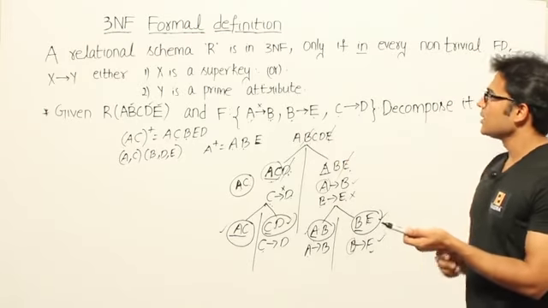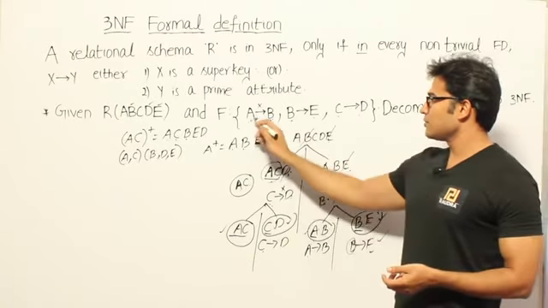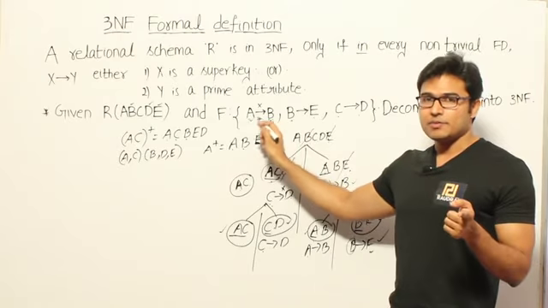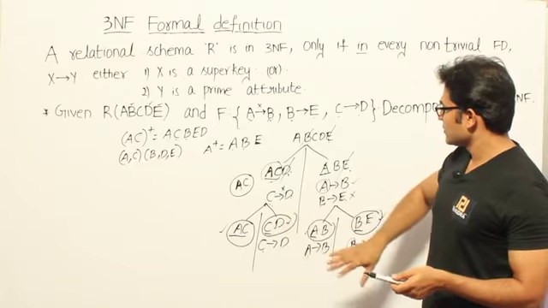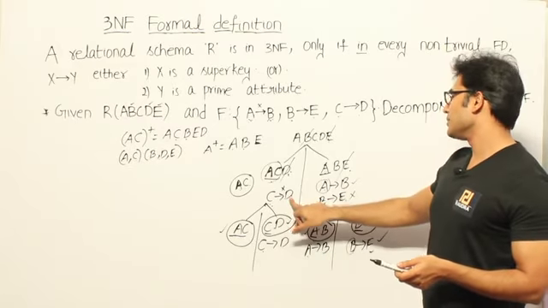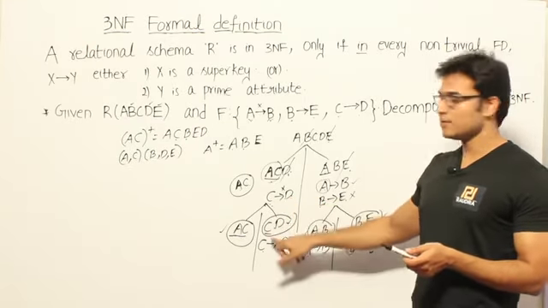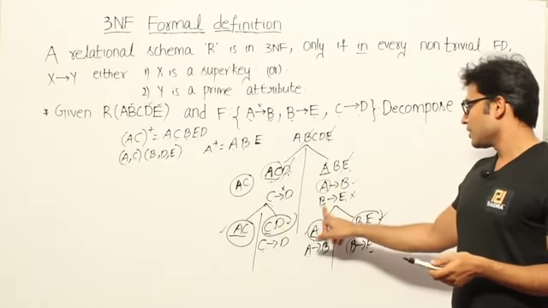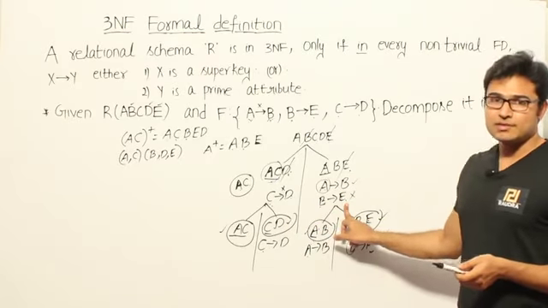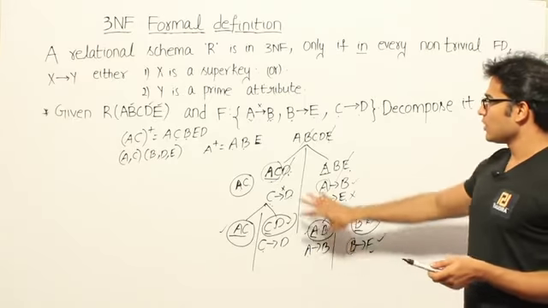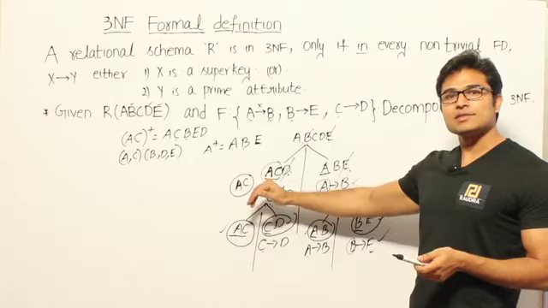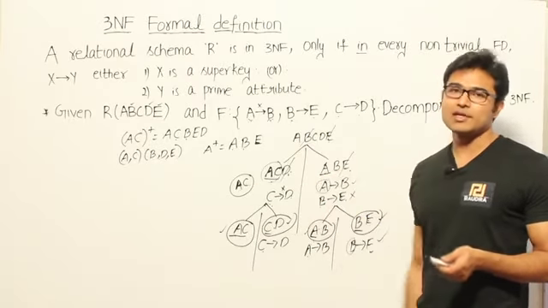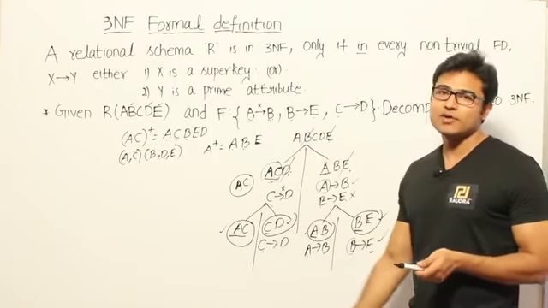In fact, if you see this, first one, A determines B is a partial dependency, right? So we eliminated it, and then after that C determines D is also a partial dependency, so we eliminated it. Now coming to the other side, B determines C is a transitive dependency, and so we eliminated it, right? So the order in which we did is anyway here partial dependencies and then transitive dependencies, but it need not be that way all the time.